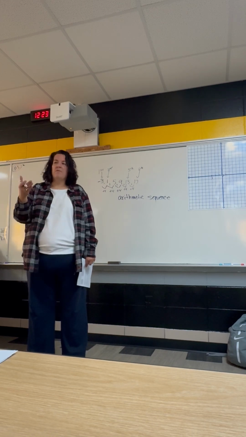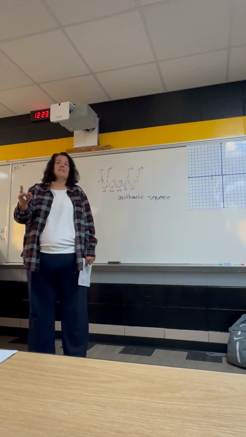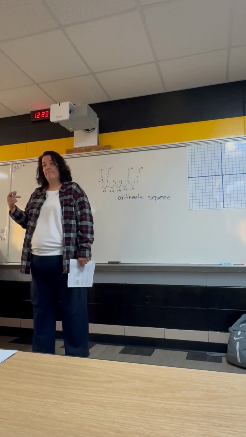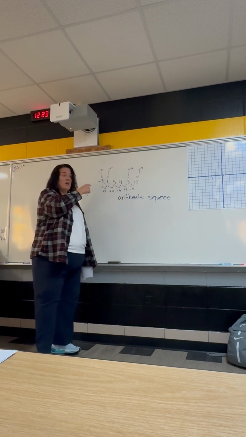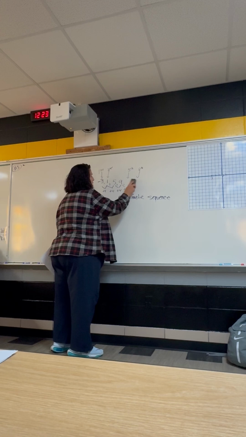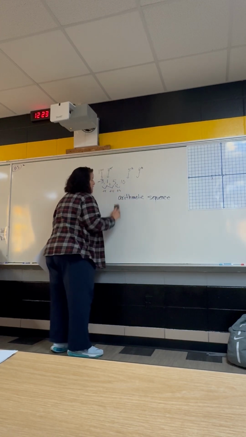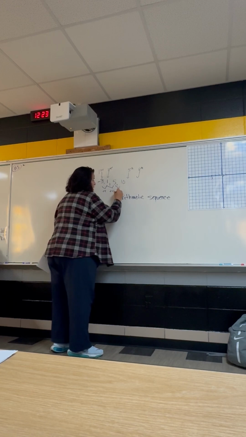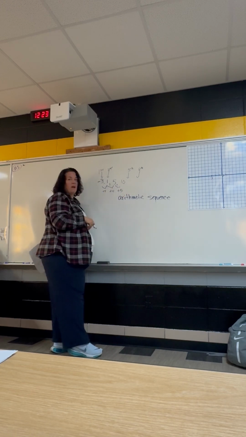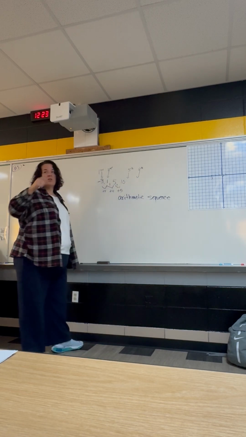But if 3 of the 4 numbers change by the same amount, but from the 3rd to the 4th it's different, is it linear? No. Same thing here. If, for instance, this were 10, this would no longer be arithmetic because it doesn't have the same difference from one term to the next.